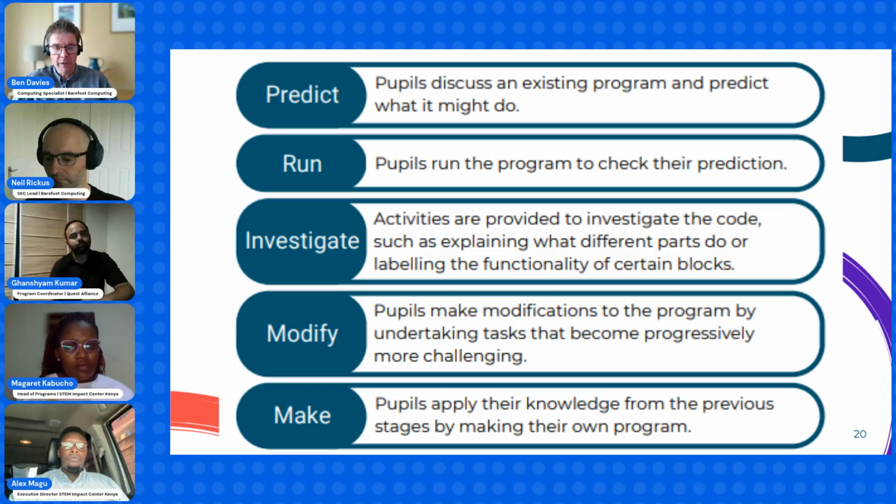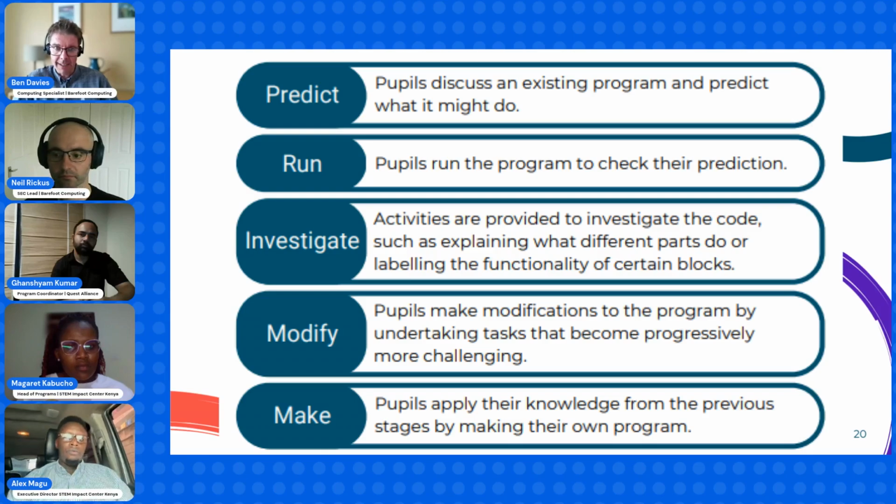This could be one of the concepts you're looking at, or new command blocks that you are adding. It's very focused. You guide that investigation, so you're steering them towards getting the learning they need. Then we move on to the modify approach, which is more open-ended.